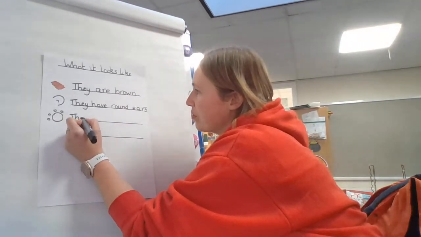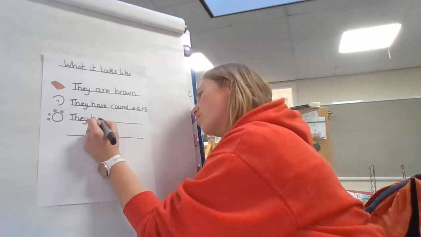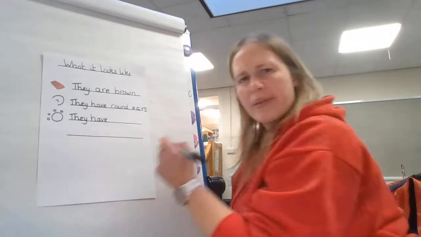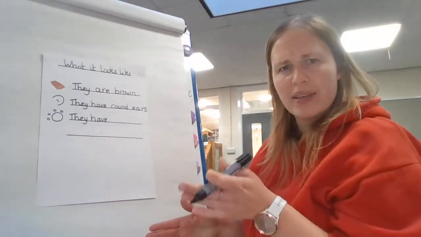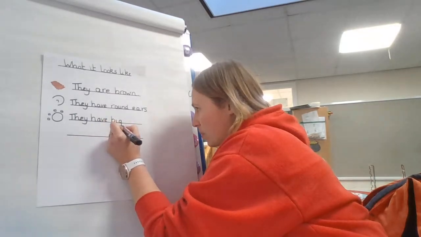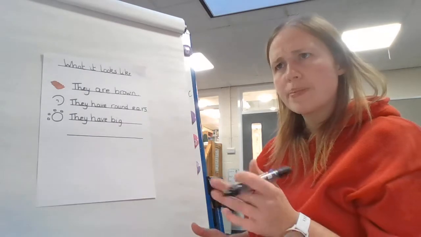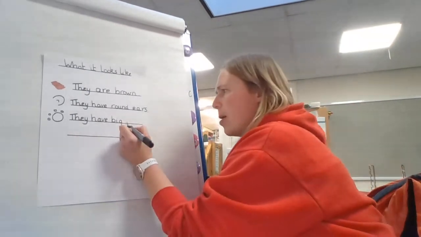They, there's our tricky word, they, have, I've got that already. Big. Can you sound it out for me? Big. Big. They have big. And the last one is paws. Paws. This is another tricky one.